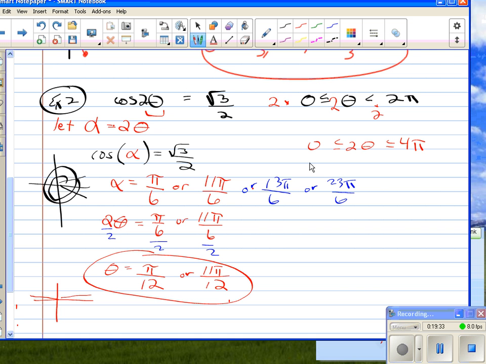Once you know you need to expand your window, you need to find all of the values in that window that'll give you the square root of 3 over 2 as the cosine. Well, that happens at pi over 6, no big deal. That happens at 11 pi over 6. But then you've got to keep on going because that's just 1 rotation. Get the second rotation, and now I'm back here again, but I had to add 2 pi to put me in the second rotation.